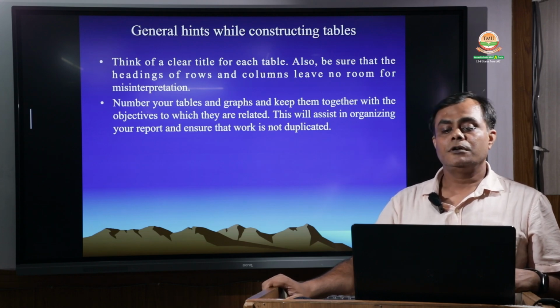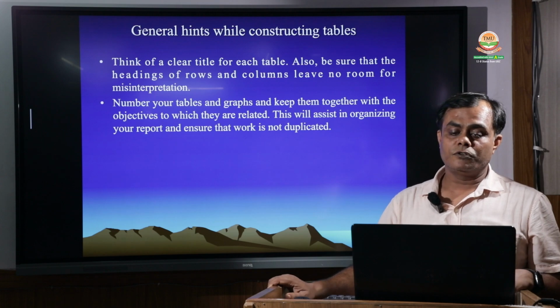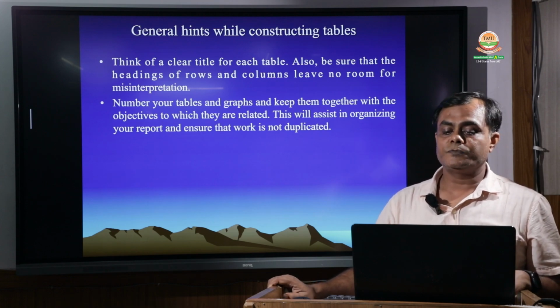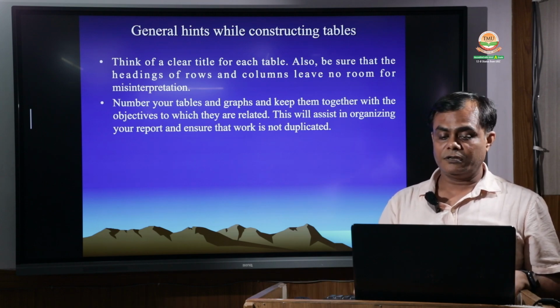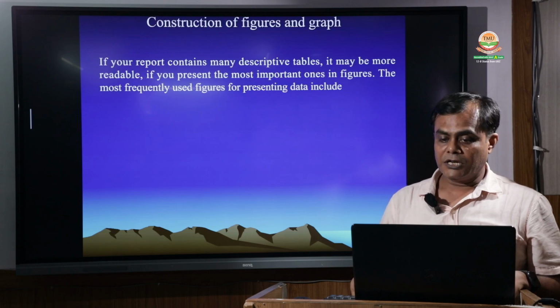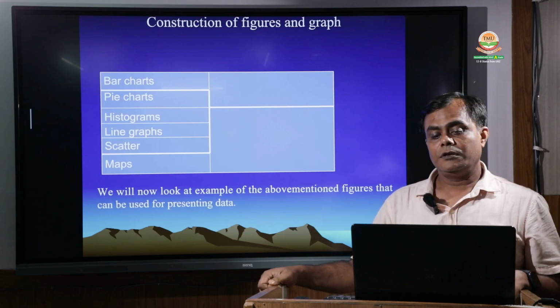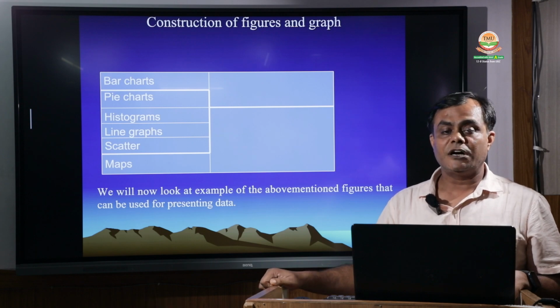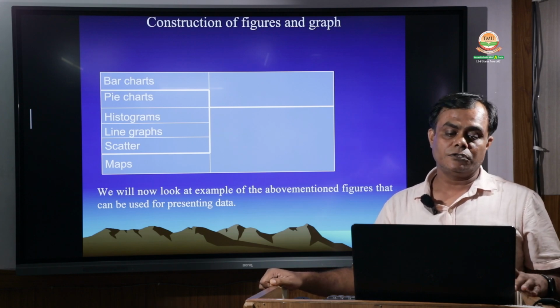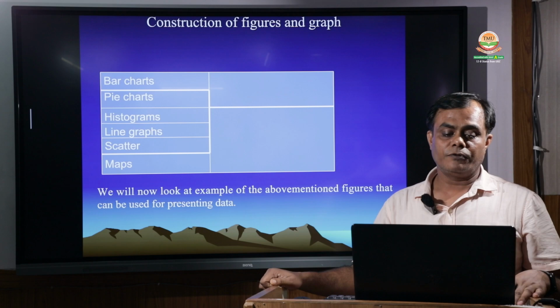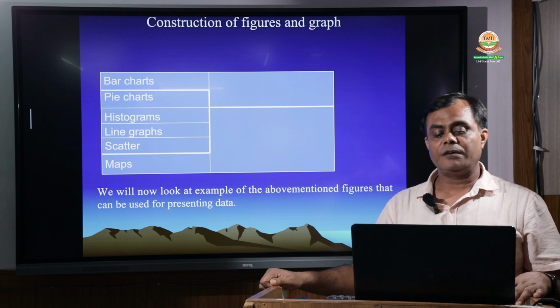The most frequently used figures for presenting data include the bar chart, the pie chart, the histogram, the line graph, the scatter plot or the map.